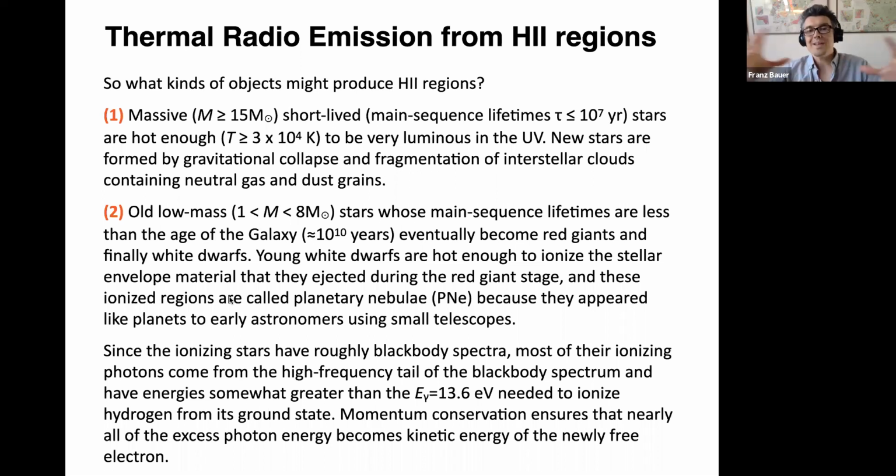They will go through a planetary nebula phase, they will eject material, then they will condense down to become a white dwarf. The white dwarf can then ionize that material, right? And these are what's known as planetary nebulae. Mostly they're seen because there's a central source of ionization, which is just powering them and lighting them up.